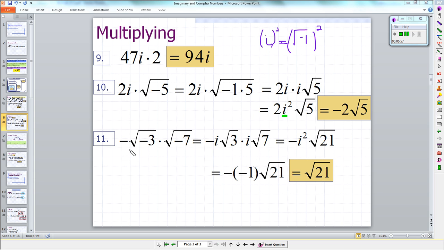Okay, let's look at the next example. Here we have negative square root of -3 times the square root of -7. Again, let's do it a little bit faster. The negative outside of the square root stays the same.